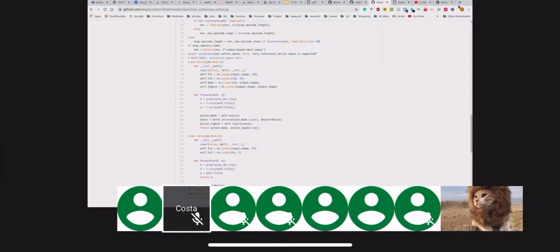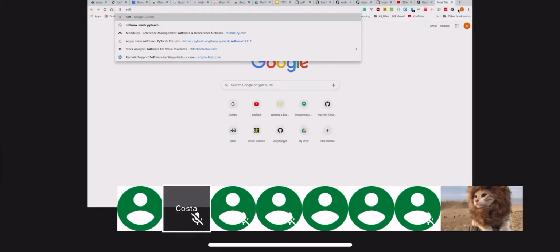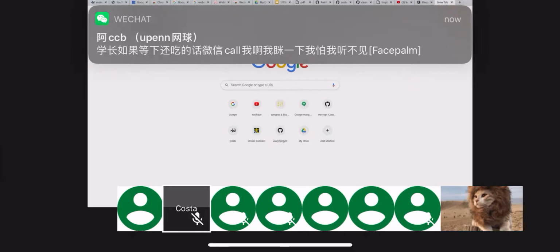No, actually, no. Soft Actor-Critic is the algorithm that we just implemented for the last development cycle. This topic is briefly mentioned in the Spinning Up page as well. Let's take a look.